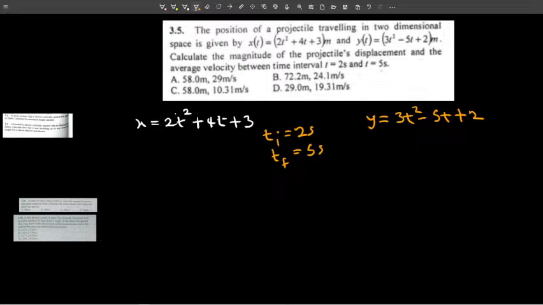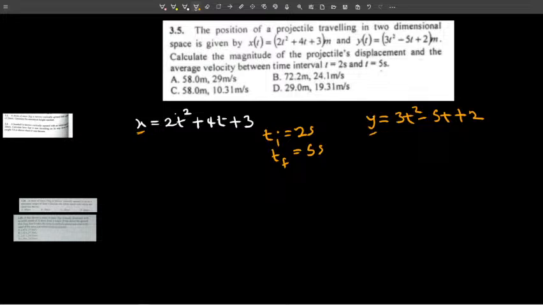All right, so in this case, this is acting on the x-axis. This is acting on the what? On the y-axis. So we can find the displacement on the x-axis and displacement on the y-axis. From there, we'll now get the magnitude of the displacement. Do you get the idea?